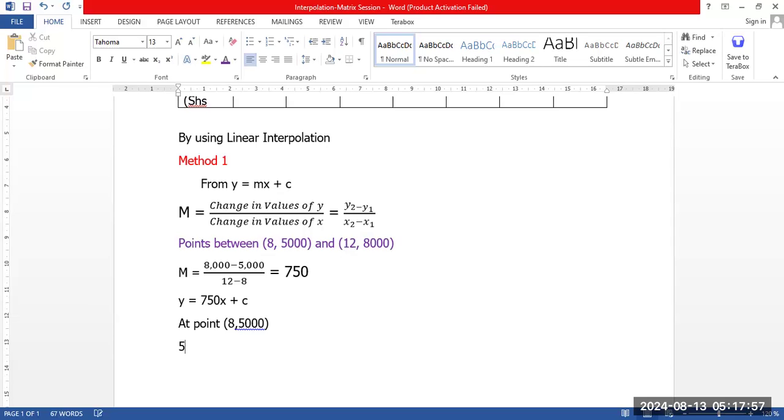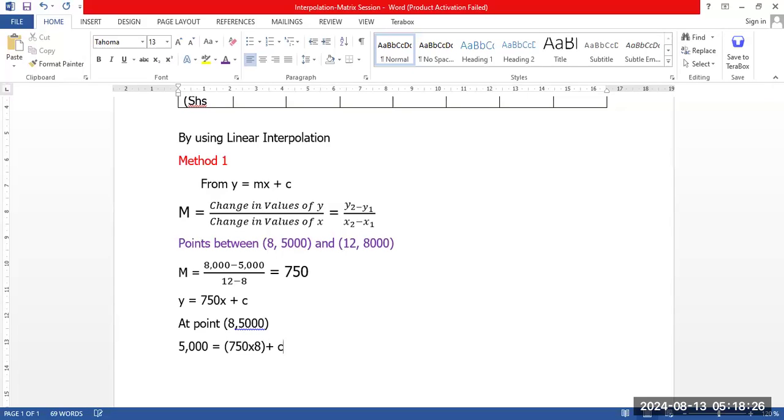You are going to say 5,000 is equal to 750x, which is 750 times 8, because we know x now. X is 8. Y is 5,000. We are just substituting in the formula.